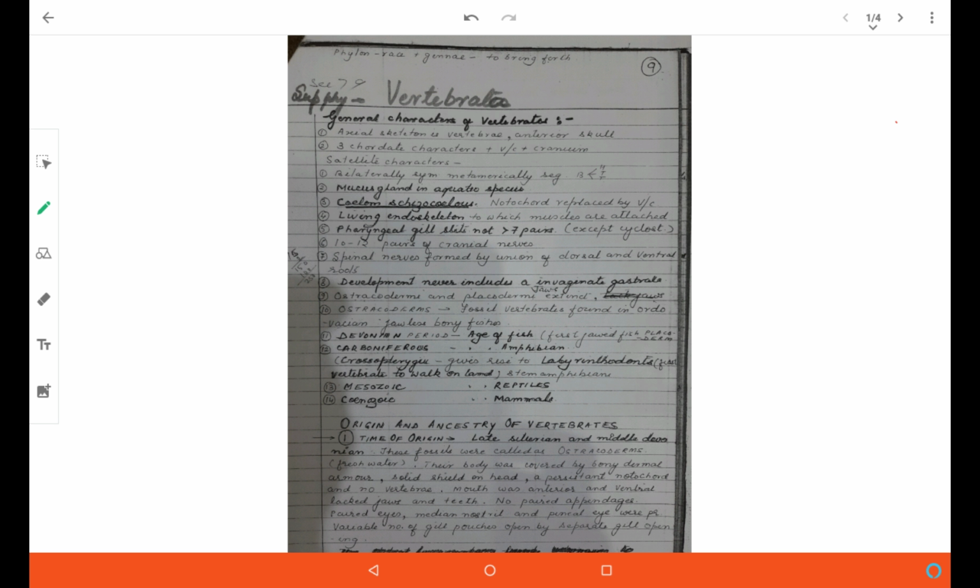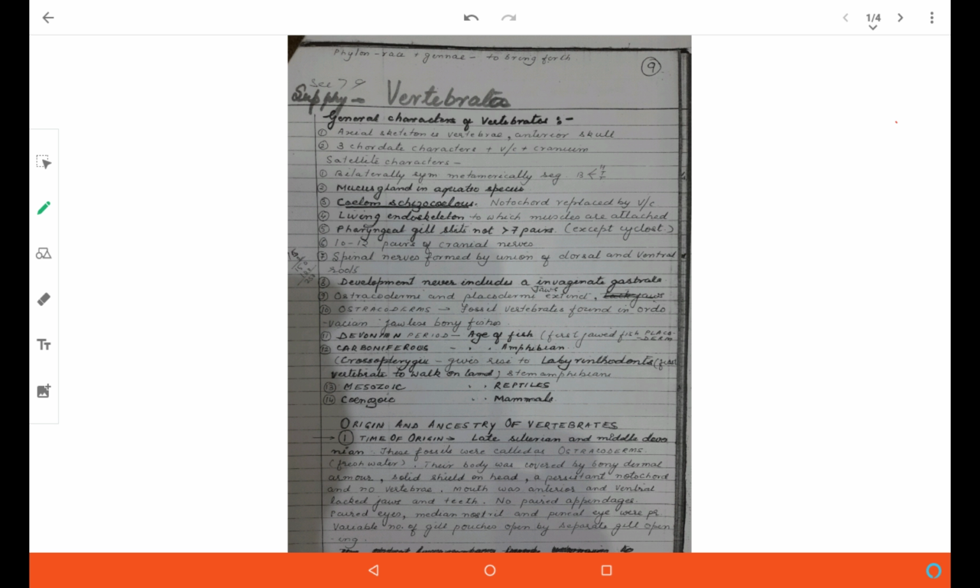Ostracoderms and placoderms were among the first vertebrates. Ostracoderms were jawless, whereas placoderms were jawed vertebrates, and both of them are now extinct. The ostracoderms ruled the planet during the Ordovician, and they were the jawless bony fishes.